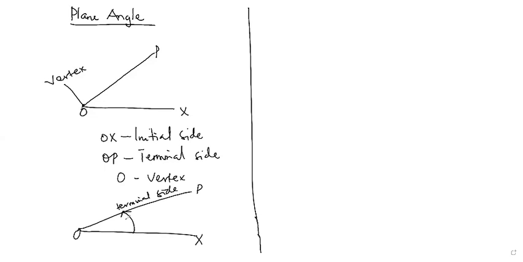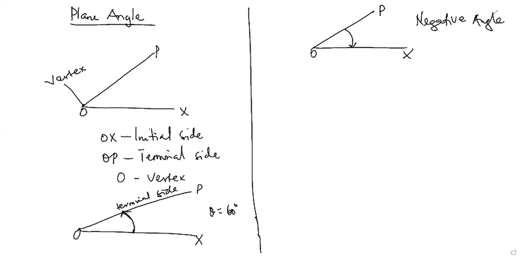Counterclockwise, which means anti-clockwise, gives a positive angle. Any positive angle, say 60 degrees, we measure counterclockwise. Clockwise gives you a negative angle. So this is a negative angle, and this is a positive angle. Take note of that.